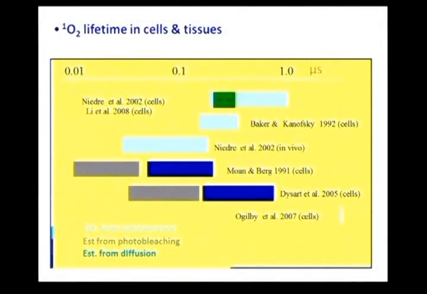In particular, Peter Ogilvy in Denmark believes that the singlet oxygen lifetime in cells is of the order of several microseconds, while many other people, this was work that we did, this was some work that was also done in Canada, indicate that the singlet oxygen lifetime is more in the region of a fraction of a microsecond than several microseconds.